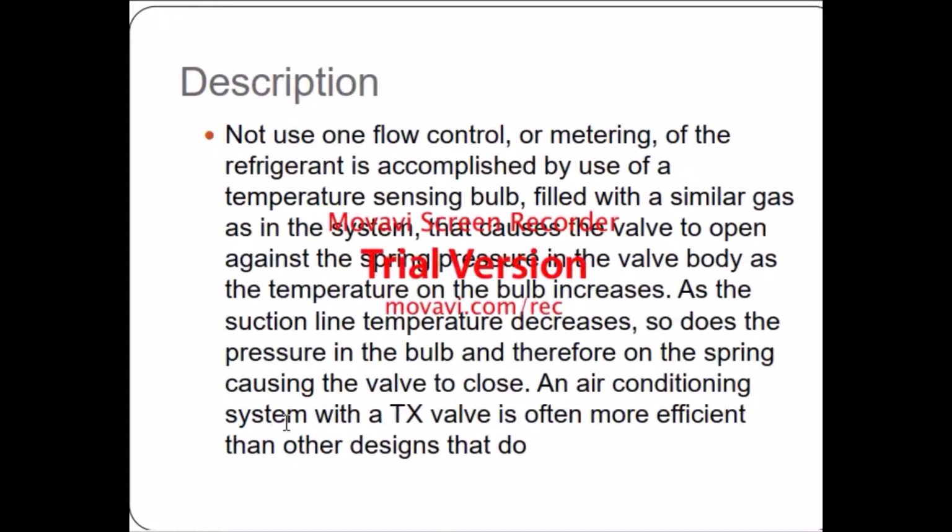If the pressure decreases, the spring will be released, and a released spring means the valve is open. That's why the supply of refrigerant will increase. This is how the expansion valve works.